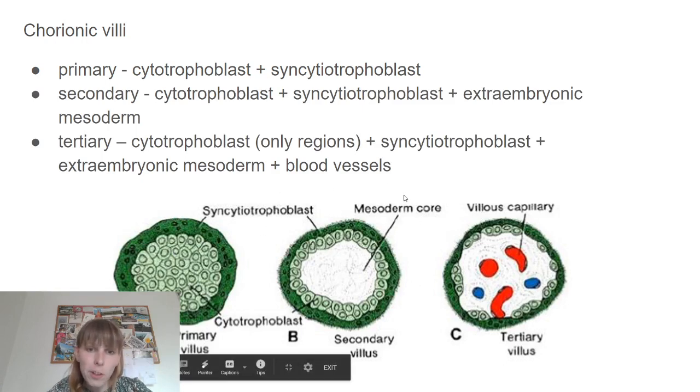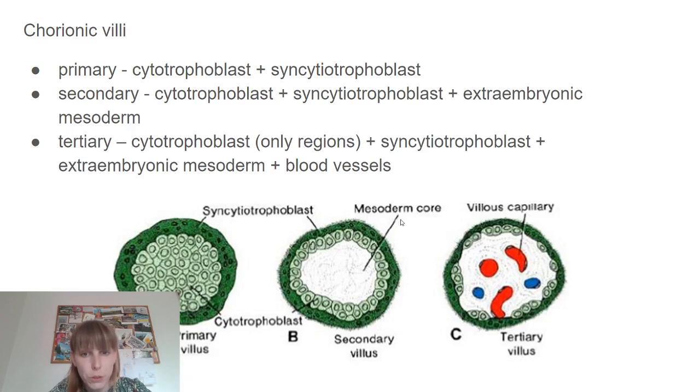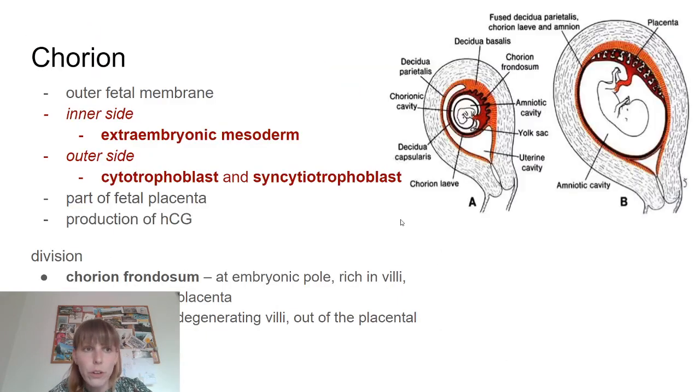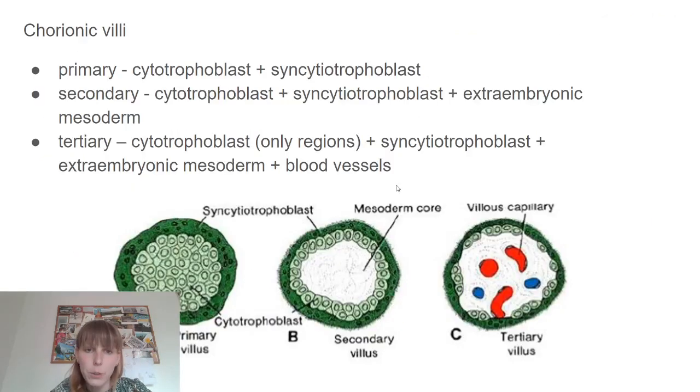When the development continues, the villus is now called secondary, and it starts to have a core which is filled with the extra embryonic mesoderm. So when I introduced the chorion, I talked about extra embryonic mesoderm on the inside and cytotrophoblast and syncytiotrophoblast on the outside. So here we are.